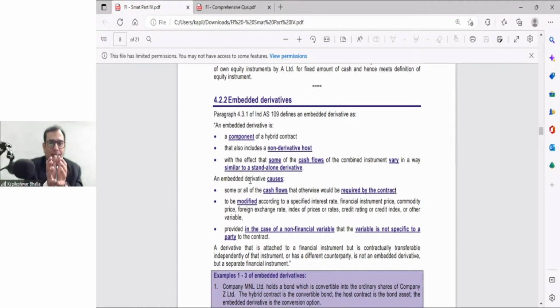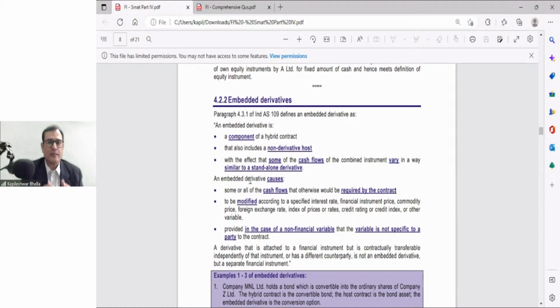So you can say the transaction has a non-derivative to buy or sell in functional currency, and it has a derivative embedded in it, which is due to the exchange rate, with the effect that some of the cash flows vary in a way similar to a standalone derivative. If you had entered into a forward contract separately, it would have made your cash flows vary. Now, since this derivative is embedded in the instrument, which is hybrid in nature, it is also making the cash flows of the instrument vary.